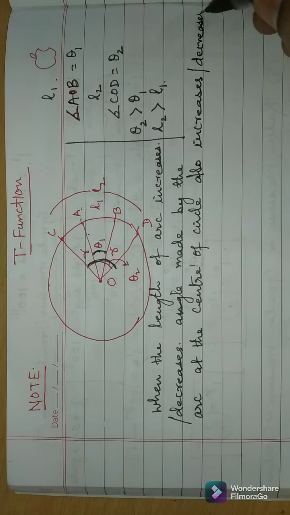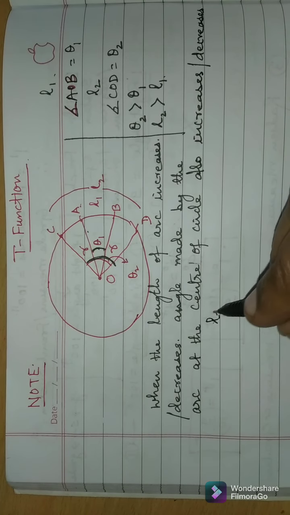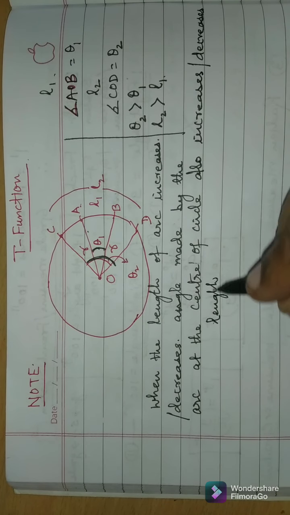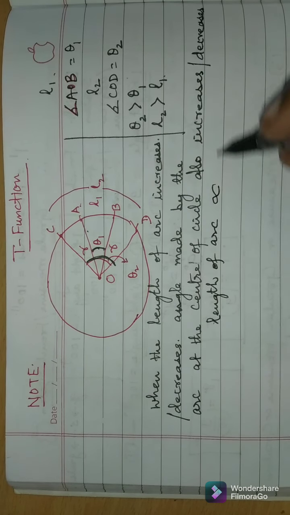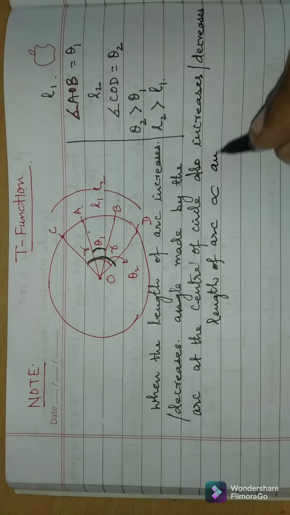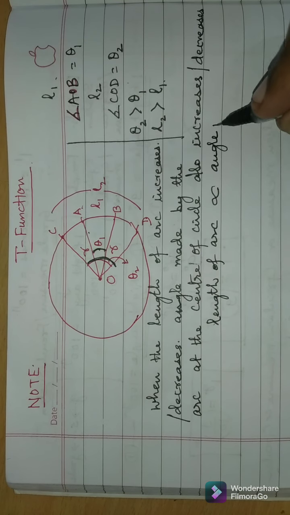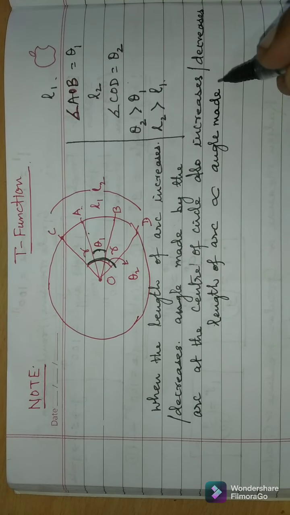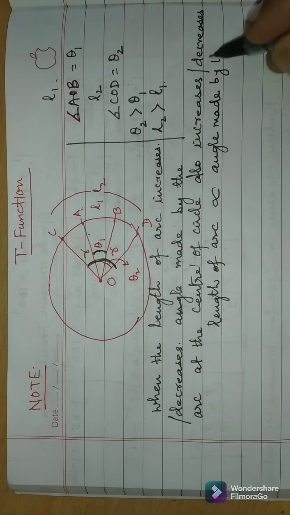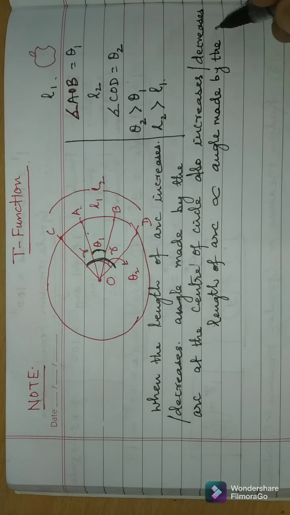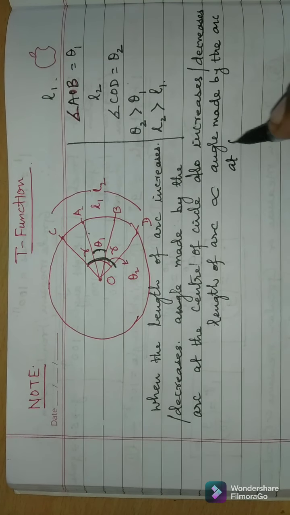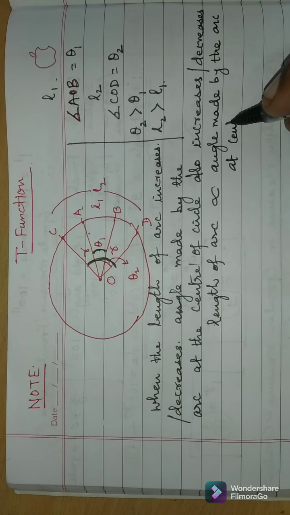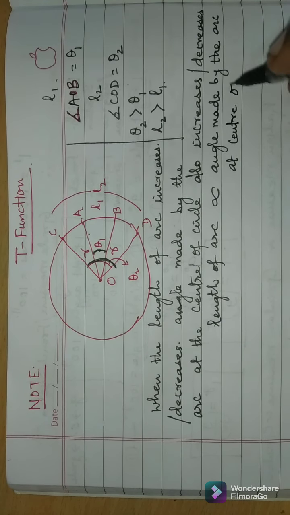So here the length of the arc is directly proportional to the angle made by the arc at the center of the circle.